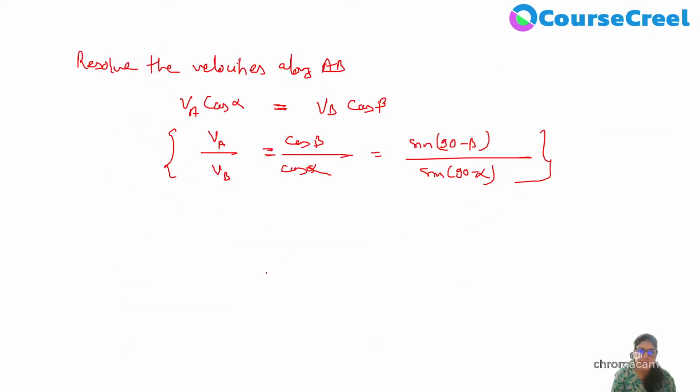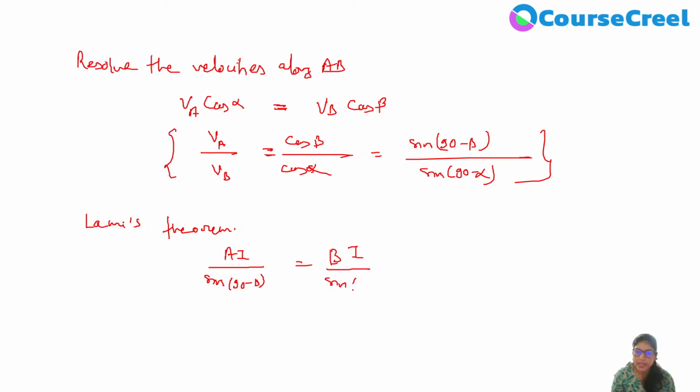As per Lami's theorem, we can define another equation. AI upon sine of 90 minus beta equals BI upon sine of 90 minus alpha.